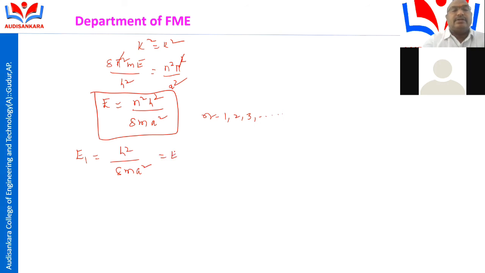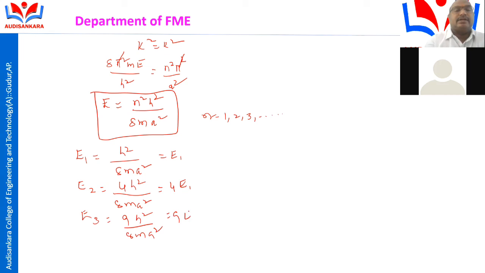For n is equal to 2, it is 4h square by 8 m a square, that is called 4E1. For n is equal to 3, E3 is 9h square by 8 m a square, that is 9E1. For n is equal to 4, it is 16h square by 8 m a square, that is called 16E1.